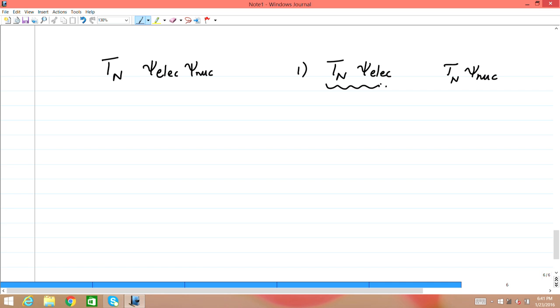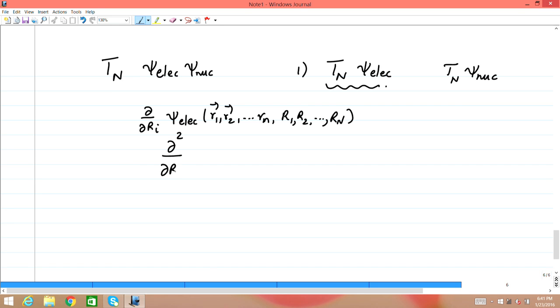Now, this contains dou by dou Ri psi electronic, the electronic coordinates and the nuclear coordinates. It also contains the second derivative dou square by dou Ri square of psi electronic.